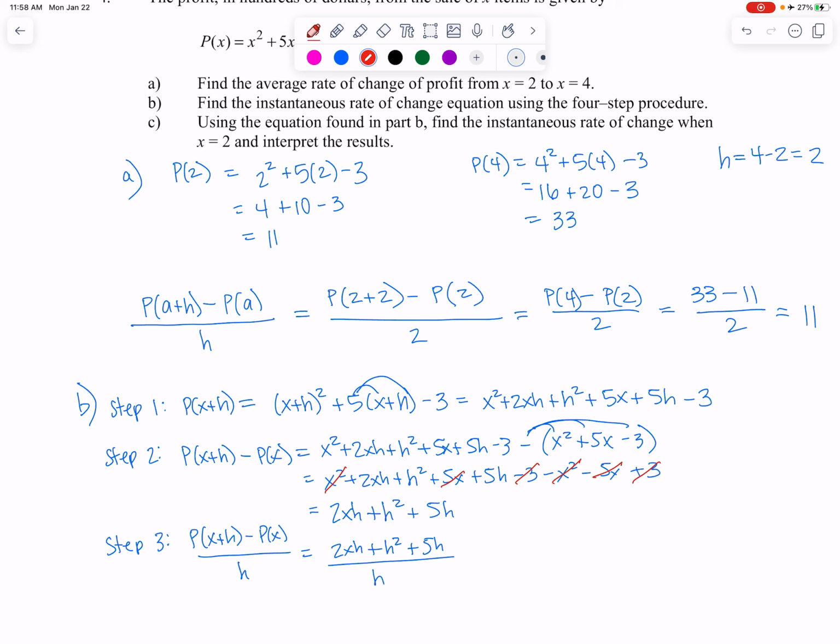And so everyone loses an h. 2x plus h plus 5.